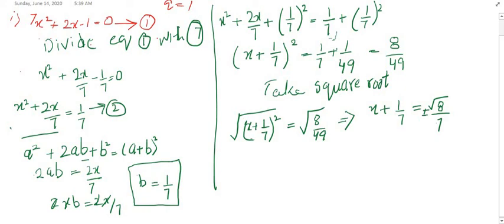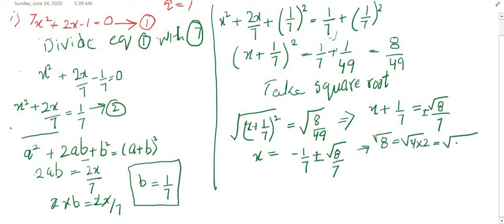Now what is x from this equation? x equals to minus 1 by 7 plus minus square root 8 by 7. You can write square root 8 as 4 multiplied by 2, which is 2 square multiplied by 2, which becomes 2 square root 2.